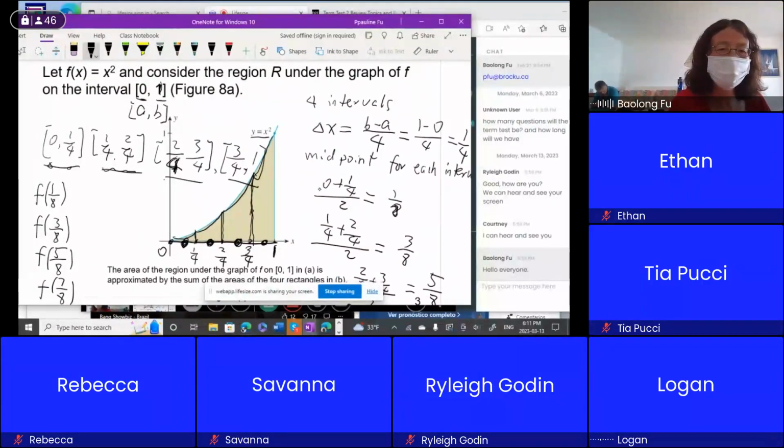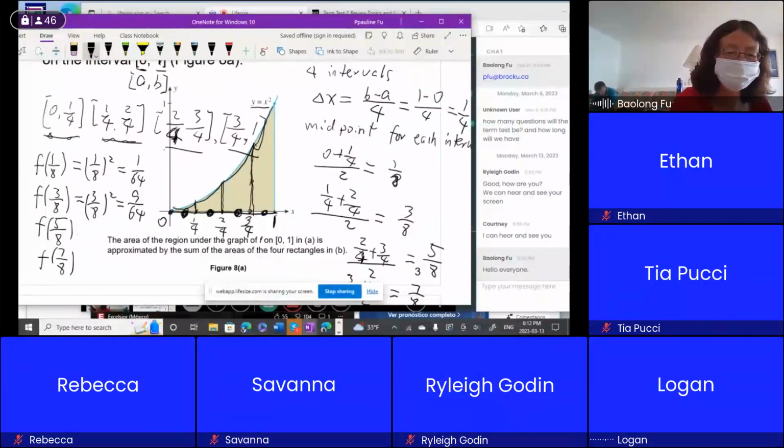Remember what is f? F equal to x squared. This is our f. So f(1/8) is 1/8 squared, 1/64. Next, f(3/8) is 3/8 squared. Keep on going.